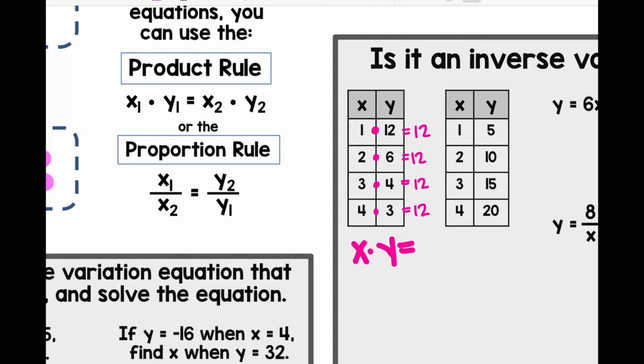And 4 times 3 is equal to 12. Since all of our values of x and y produce a product of 12, this is inverse variation.